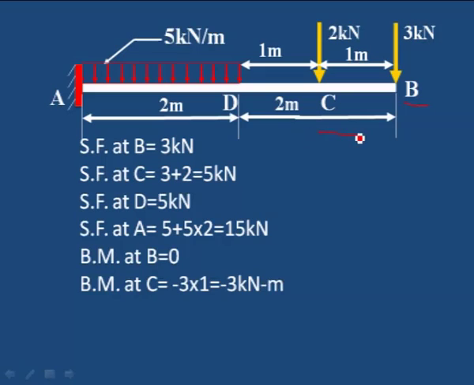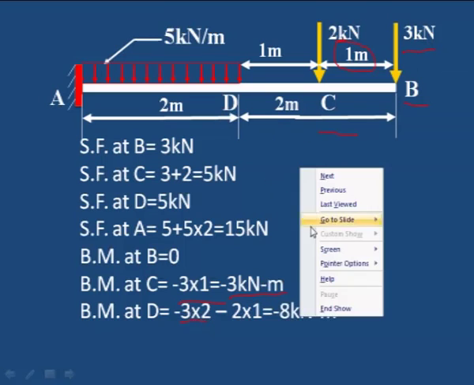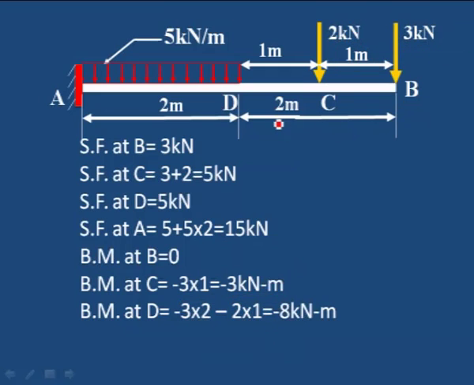Bending moment at C. The force of 3 kilonewton is acting at a distance of 1 meter from C. 3 into distance 1, minus 3 kilonewton meter is the bending moment at C. Bending moment at D. Up to point D, a force of 3 kilonewton is acting at a distance of 2 meter from the free end. 3 into 2, and then another load, 2 into distance 1 meter, 2 into 1. 3 into 2, 2 into 1, that is minus 8 kilonewton meter, the bending moment at D.